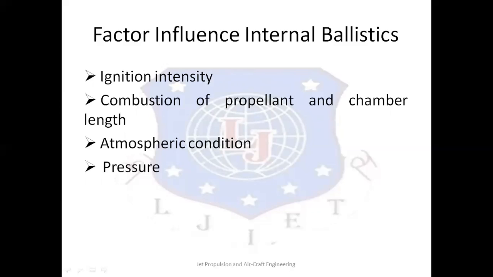While a long chamber requires a progressive burning powder or propellant, so that the propellant is converted into gases and that will provide sufficient velocity. So the combustion of the propellant has a great impact on the chamber length or the geometry.